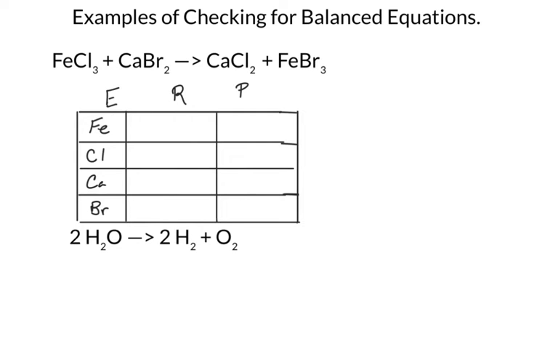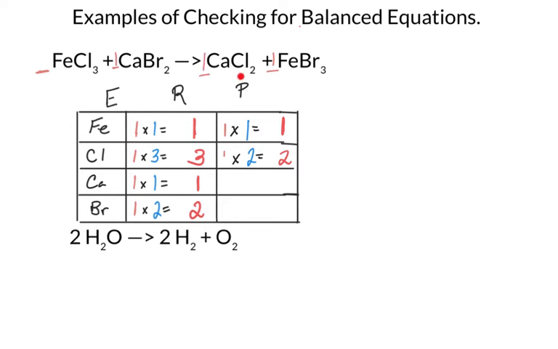I'm going to put 1 for the iron, 3 for the chlorine, 1 for the calcium, 2 for the bromine on the reactant side. And on the product side, I see 1 for iron, 2 for chlorine, 1 for calcium, and 3 for bromine.